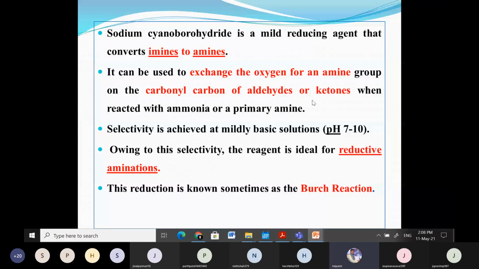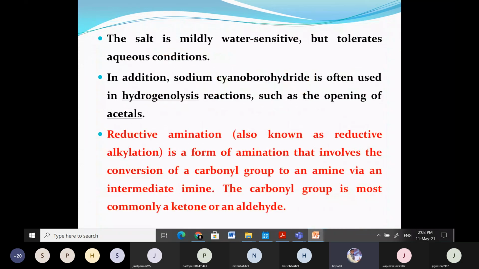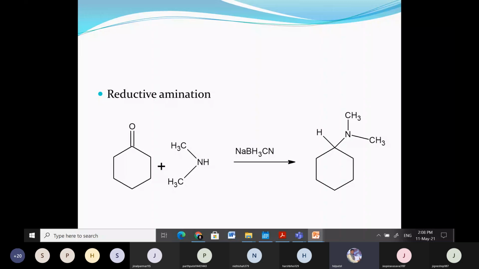So sodium cyanoborohydride will not attack directly on a ketone. If you have a ketone, then direct reaction between sodium cyanoborohydride and the ketone will not take place, whereas with lithium aluminum hydride or sodium borohydride the reaction will take place.